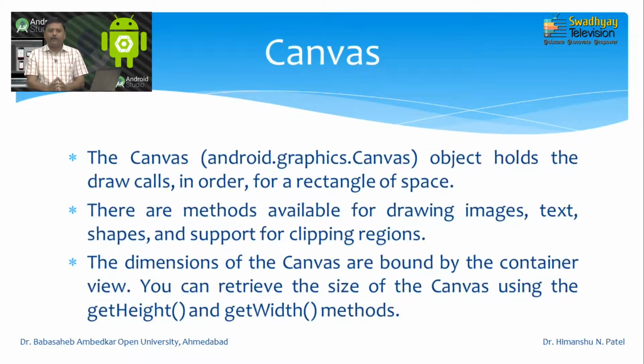Canvas is available in package android.graphics and it holds the draw calls, means various methods for drawing different types of shapes. There are methods available for drawing images, text, shapes and support for clipping regions. The dimensions of the canvas are bound by the container. You can retrieve the size of canvas using the getHeight and getWidth methods also.